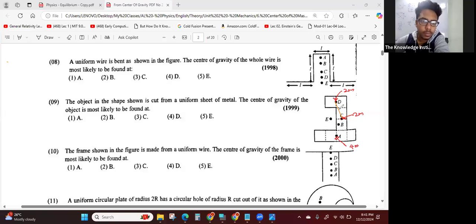So the center of mass will be here, and it will be 4m. Then to find the center of mass of the entire thing, we can connect these two lines. The midpoint, the center of gravity of the whole object, will be point P. P is the correct answer.